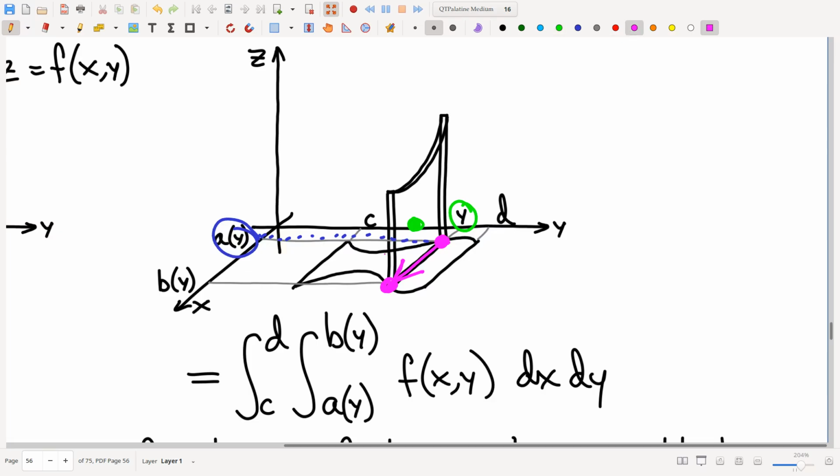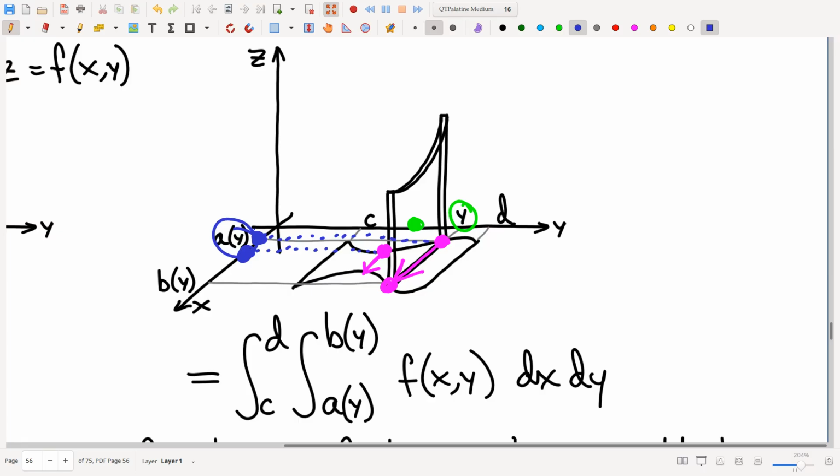Then I'll only be moving something like that, meaning that my starting value of x is not the same. Now my starting value of x is over here instead of over there. So the starting value of x, my lower bound for my x integral, depends on which y we're looking at. Everybody see that in the picture?